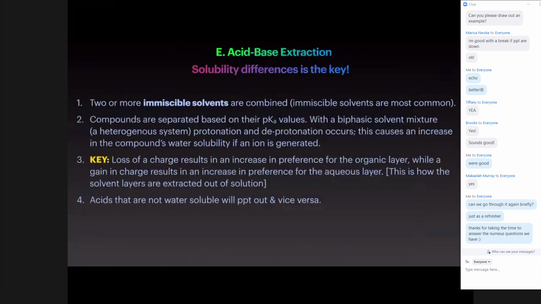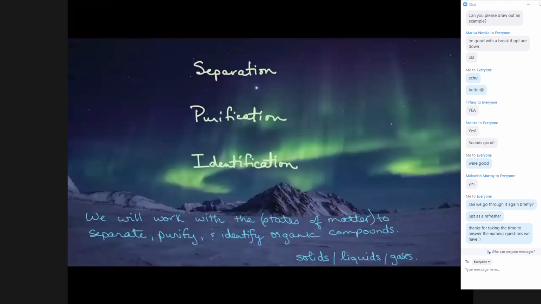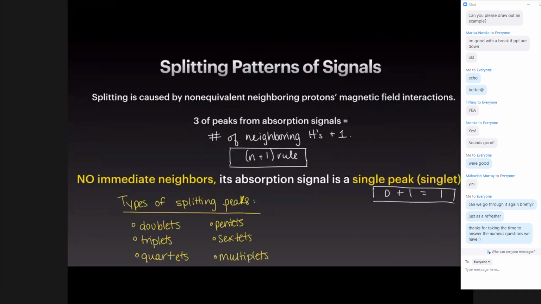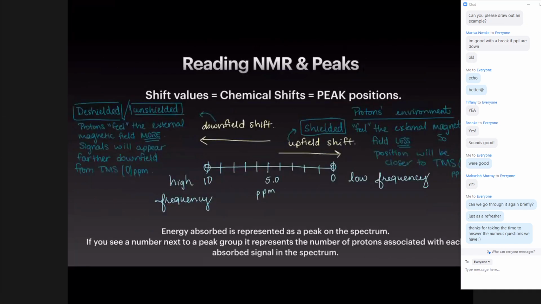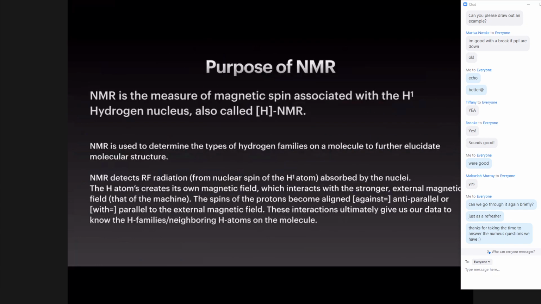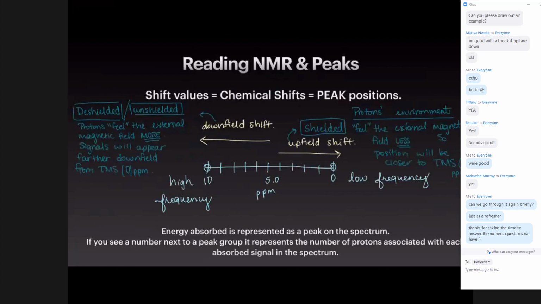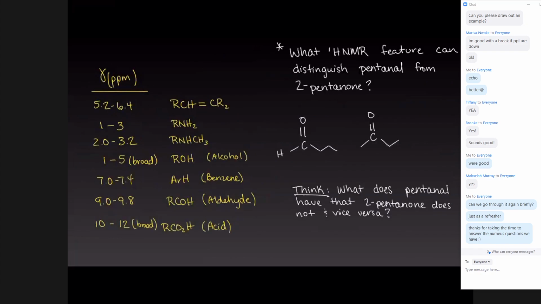So I know this is a lot of information, but on the MCAT, you're gonna notice a lot of things are gonna be combined. So the idea of acid and bases might be combined with other ideas. For example, you might get an NMR question with an IR question combined.